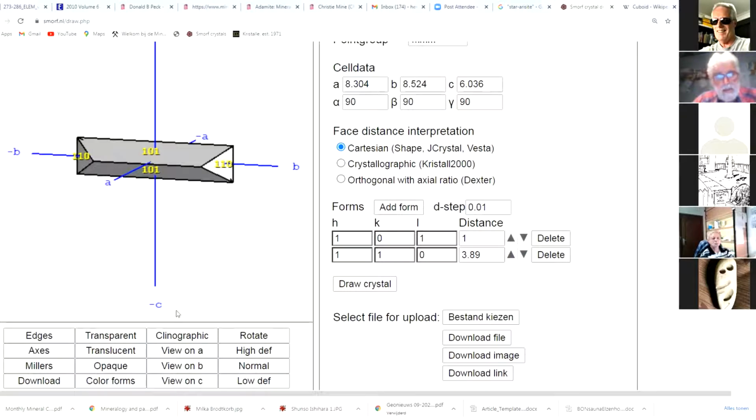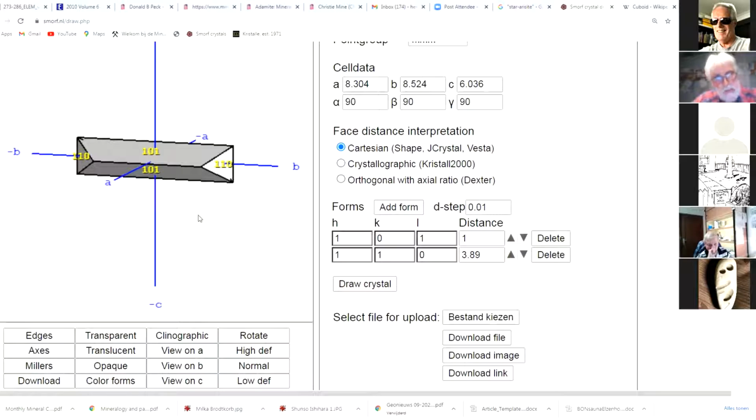So the standard orientation of crystal drawings is called the Crystallographic orientation. It has the C axis parallel to your computer screen, and then the B axis also parallel to your computer screen, perpendicular to the C, and then the A axis is pointing more or less towards you, but at an angle, so it's not really facing you directly.